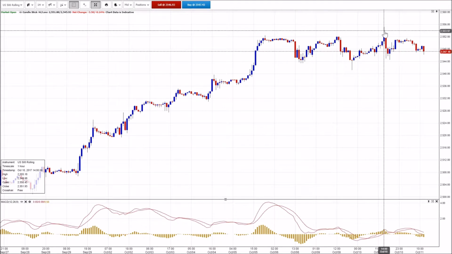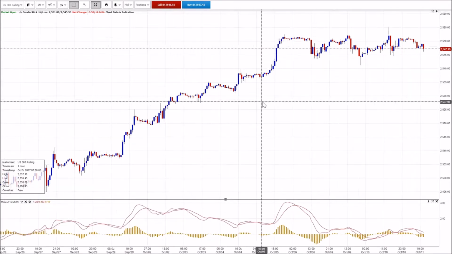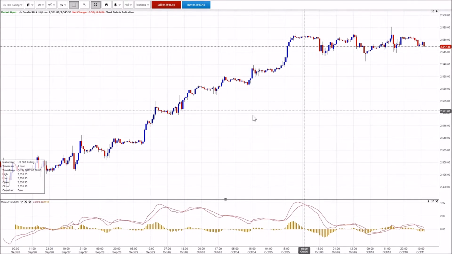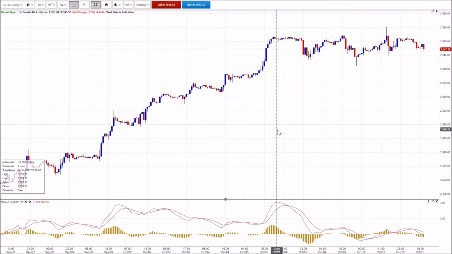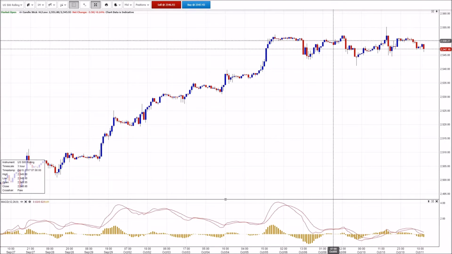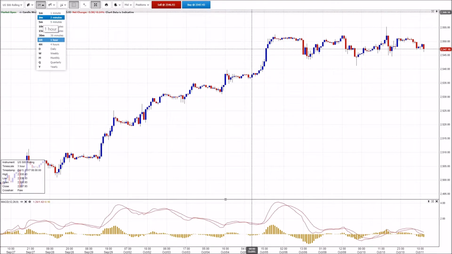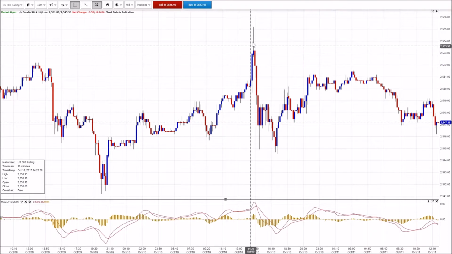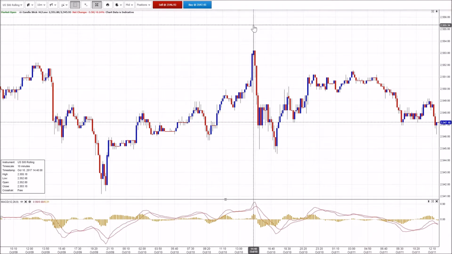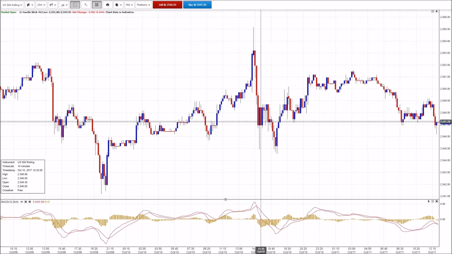But we didn't have the follow-through, which is interesting from a nerdy charty point of view, because in the past, whenever we've seen it move out to fresh all-time highs, there's almost been a scramble to get on board. But yesterday we rejected those highs really quickly. On the 10-minute chart, it's a bit more dramatic. There's the push out to the highs, kicking off a load of stops of people who were short, and the market just dumped.